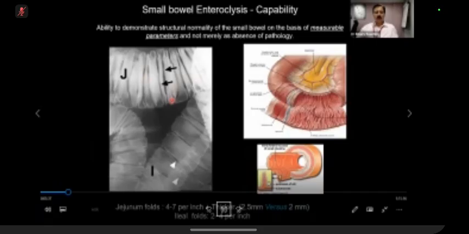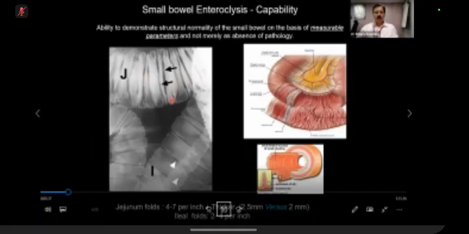Because of time factor, catheter in the duodenum, and what is your finding? So I'm presented with a spot film of small bowel enterocolysis with a catheter seen in situ.